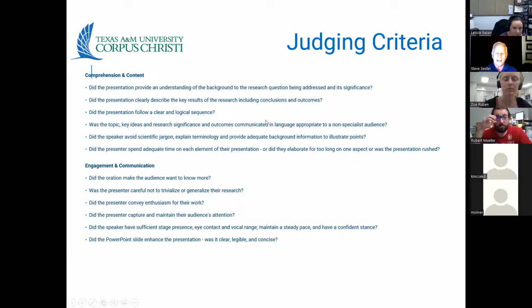Did you have a logical sequence? Was it organized, right? Was the topic, ideas, research significance, outcomes communicated in language appropriate to the non-specialist audience, of course? Okay, so of course, when I say that, you're going to avoid jargon, right? If there's terms that a normal audience person wouldn't know, right?